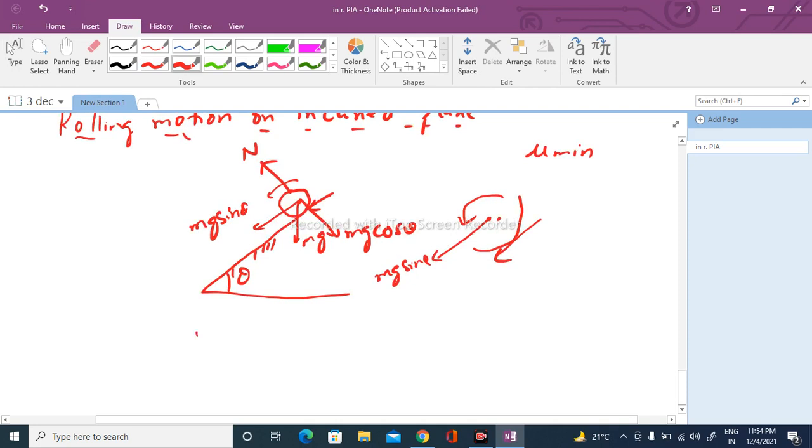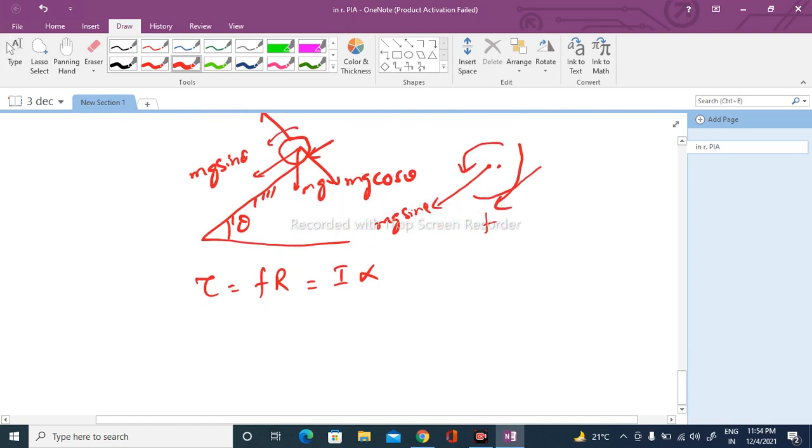The torque is provided because of this frictional force. Let us say the radius of the ball is r, the torque is equal to Fr, which is also equal to I alpha. Here I we have to take about the center of mass. So the general formula for I is mk square, so Fr is equal to mk square alpha.